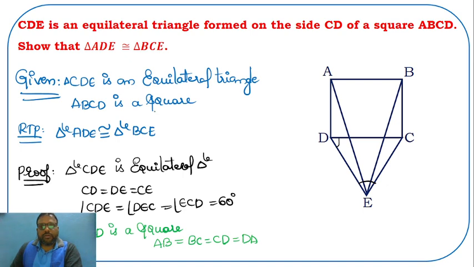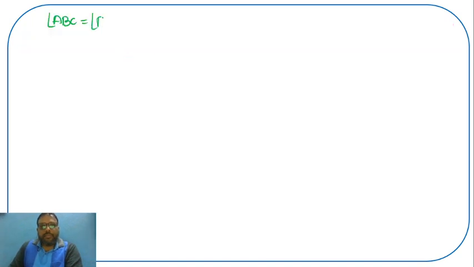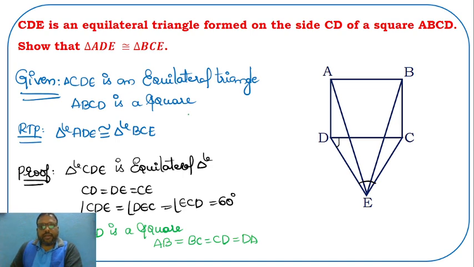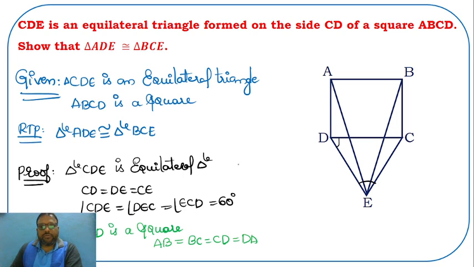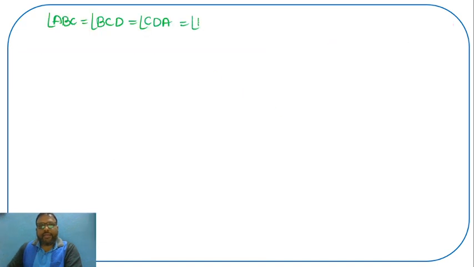So I can write here angle ABC equal to angle BCD equal to angle CDA equal to angle DAB. All the four angles will be 90 degrees each because it is a square.